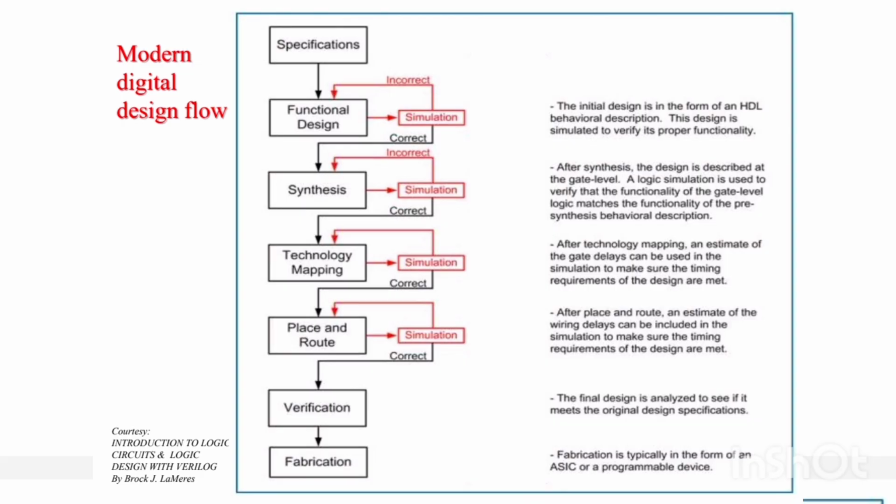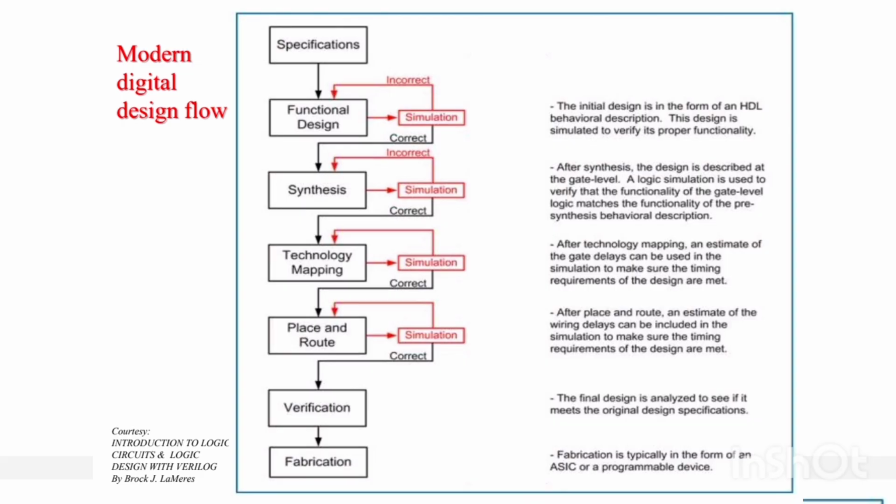Here simulation is performed to verify the proper functionality, and if a fault is found, then functional design is done again and simulation is done till it gets corrected. Once it is corrected we move to the synthesis step, and in this synthesis step also logical simulation is used to verify the functionality of gate level logic. If it's found incorrect, we will do the synthesis process once again.